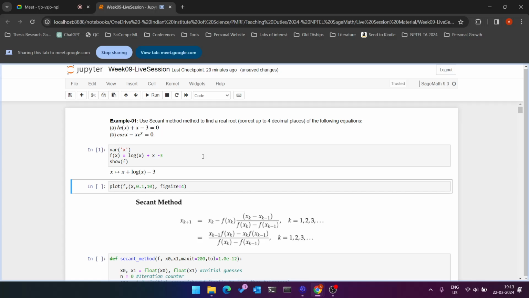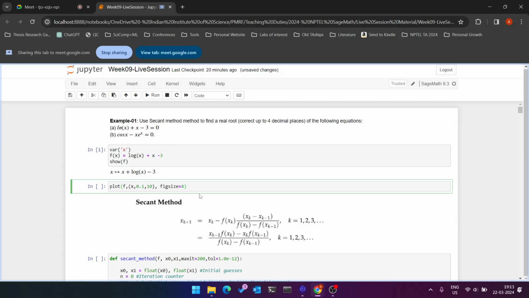To get an idea of where the root may lie, we'll first plot f of x over a sufficiently wide range. Since there is a term including log of x, we know that x must be strictly positive for this function to exist.